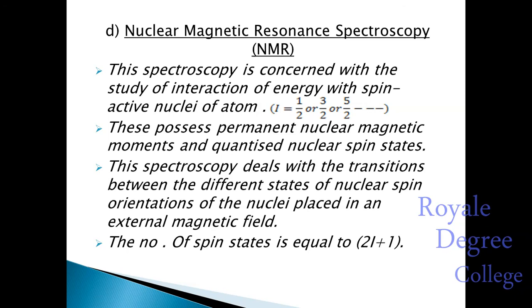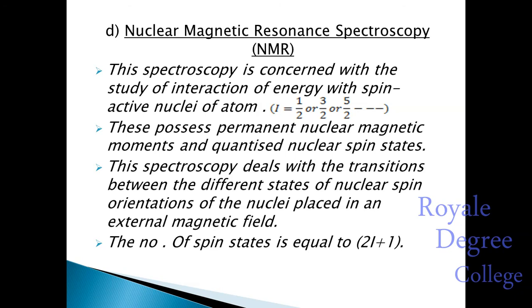Next, the fourth type of spectroscopy is nuclear magnetic resonance spectroscopy, NMR. This spectroscopy is concerned with the study of interaction of energy with spin active nuclei of atoms. Here I value is equal to 1/2 or 3/2 or 5/2 and so on.